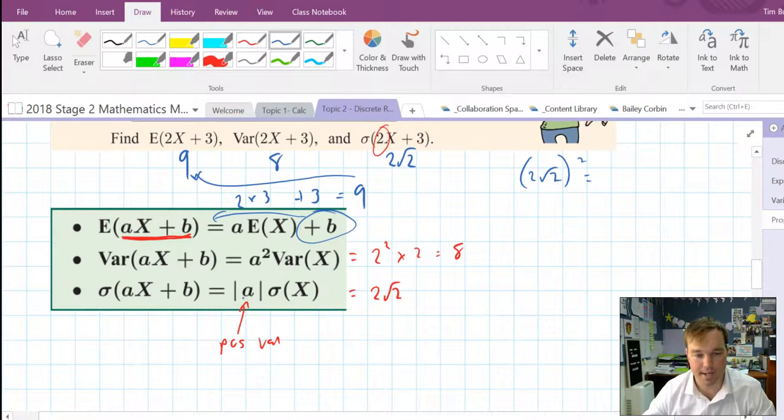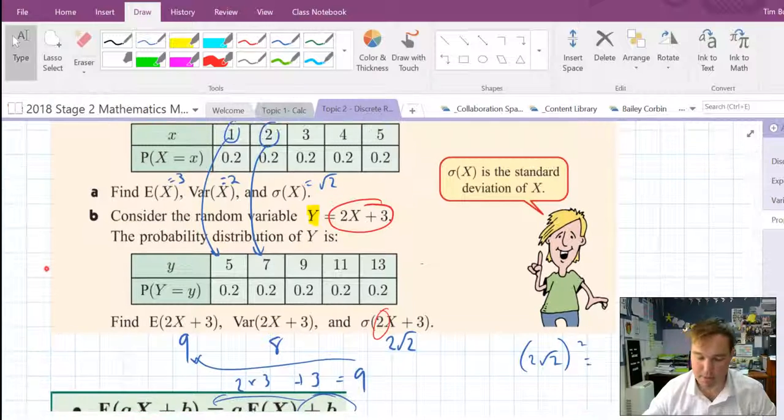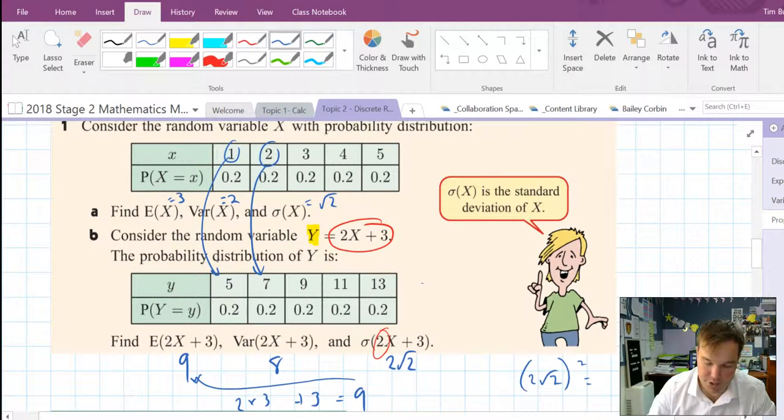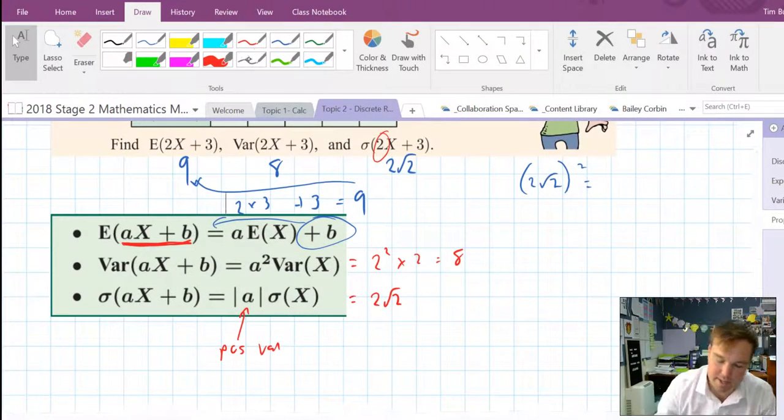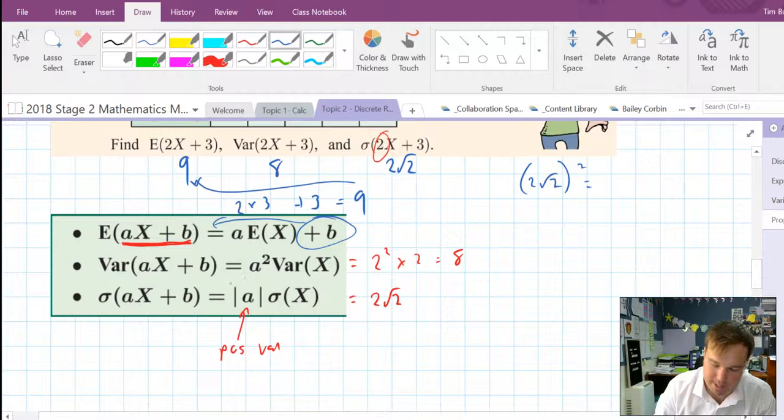What does play a part is a, because we multiply each of them by 2, and multiplying them by 2 increases the spread between the top and the bottom. Multiplying it by 10 would increase the spread even more, which is why here a plays a part in calculating the new variance of the distribution.